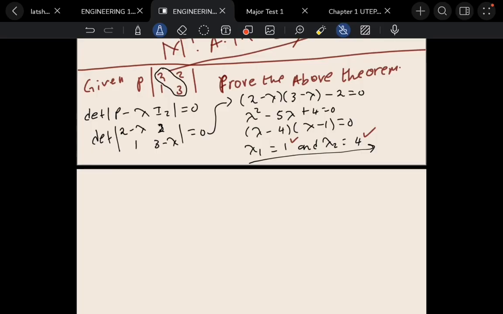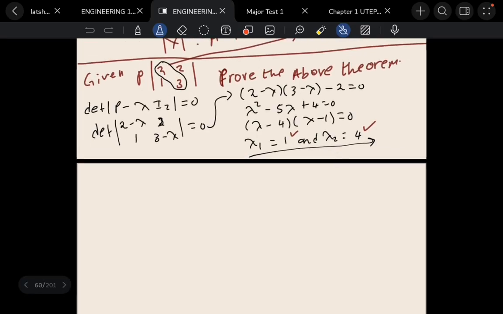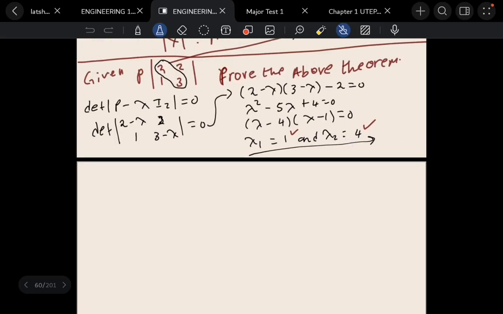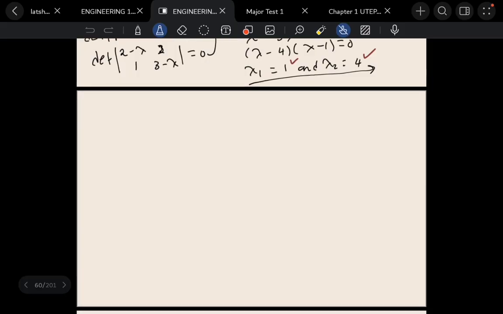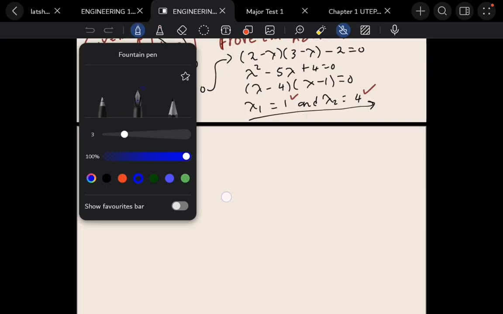Right. So if you have any question on this, you can leave your comment. So we have lambda 1, lambda 2, and then we need to get the corresponding eigenvectors of lambda 1 and lambda 2. So this is what I'm going to do.